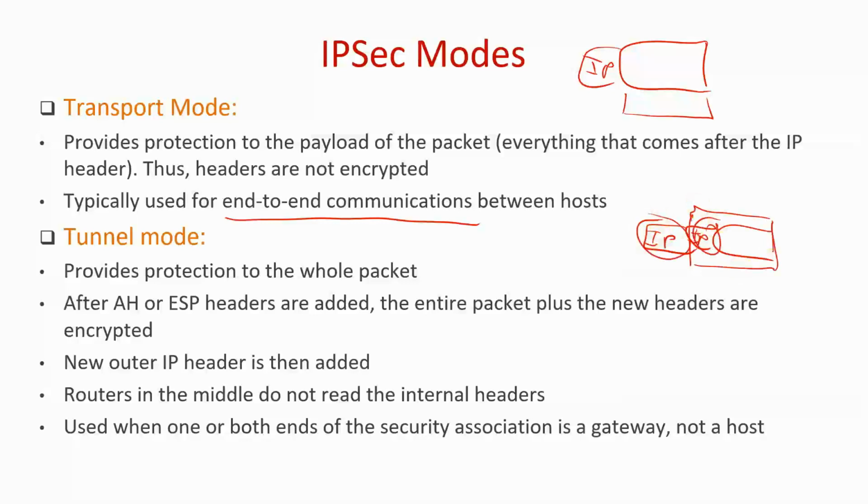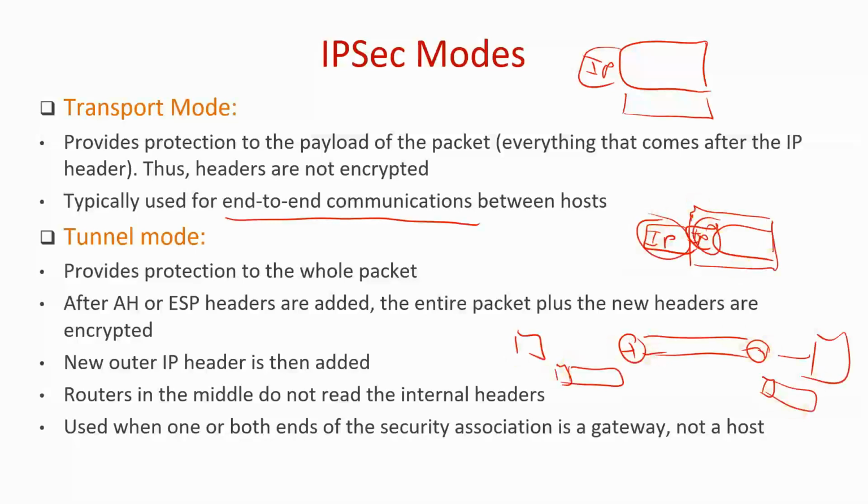Typically, then what you would do is that you have a tunnel mode between gateways. Okay, so you have a tunnel established between gateways, and here the original IP header is in the clear, meaning that the tunnel mode will provide anonymity, but only between the endpoints of the tunnel.